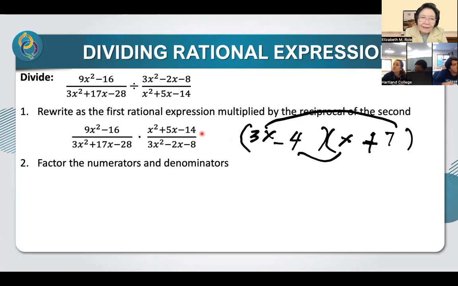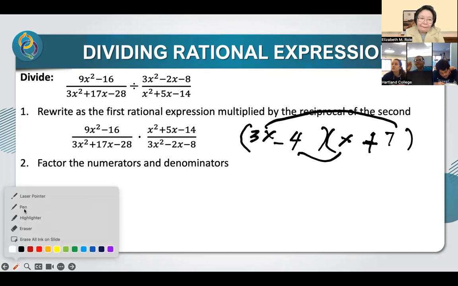So 7 minus 2 is 5x, correct. All right, so what will be the factors? x plus 7 times x minus 2. Good. All right, how about 3x squared minus 2x minus 8?